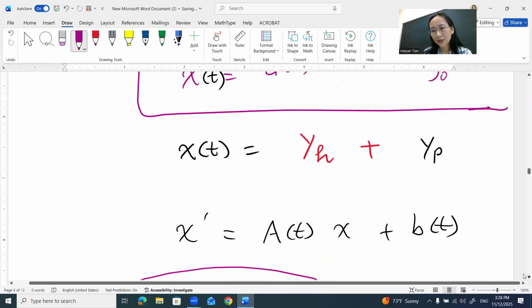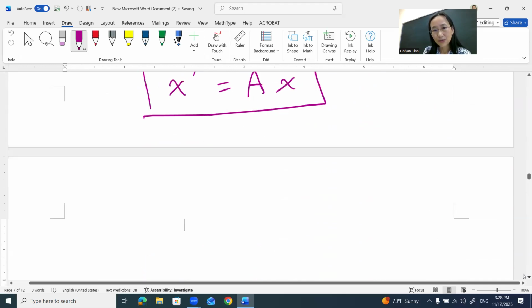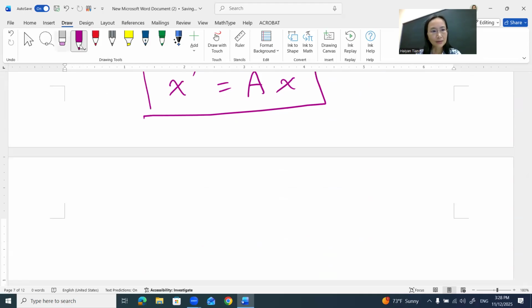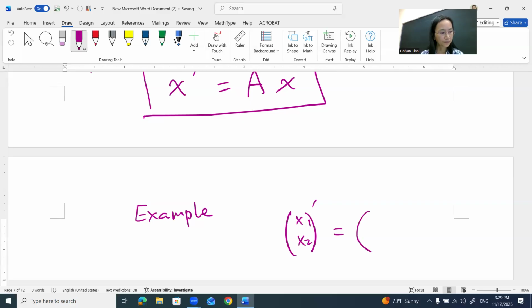Certainly, all the previous discussions are applicable because this is just a special case. Okay, let's look at one example. For example, I just have x derivative equals A times x, where A is the matrix 1, 1, 0, -1.